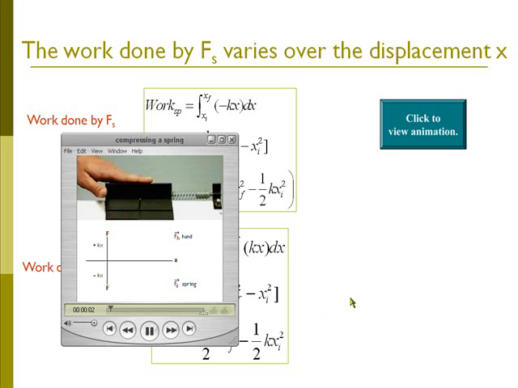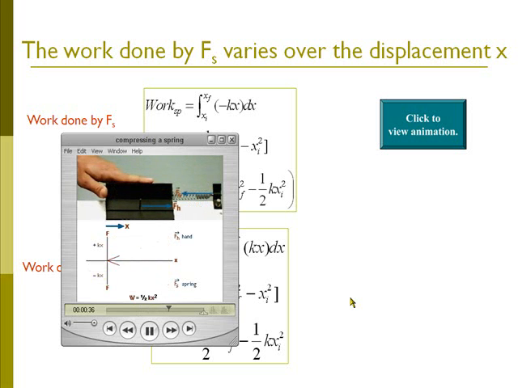Work must be done to compress a spring. The hand supplies the force that drives the glider into the spring. To overcome the spring force, the hand must apply a force kx. The spring pushes back with an equal and opposite force minus kx. The work done by each is the area under their respective force curves, which is equal to half the area of the rectangle kx by x, or 1/2 kx squared.